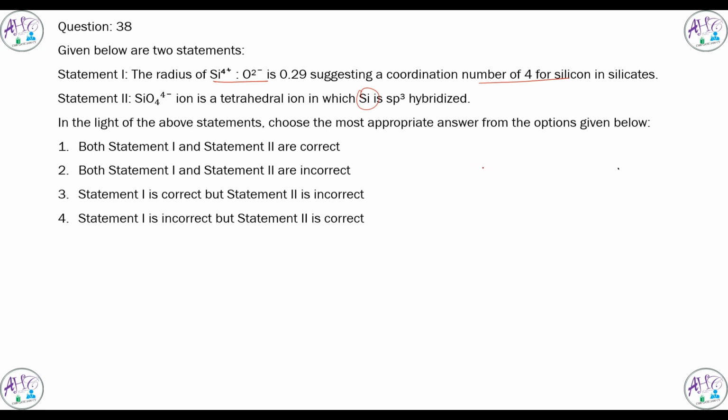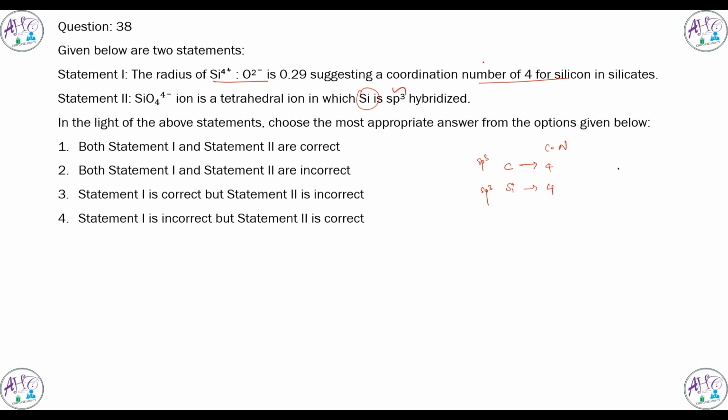Silicon belongs to the carbon family, where the coordination number is typically 4. So the coordination number of silicon is also 4. And what is the hybridization for silicon? We know that silicon is sp3 hybridized, like carbon. So statement 2 is correct.